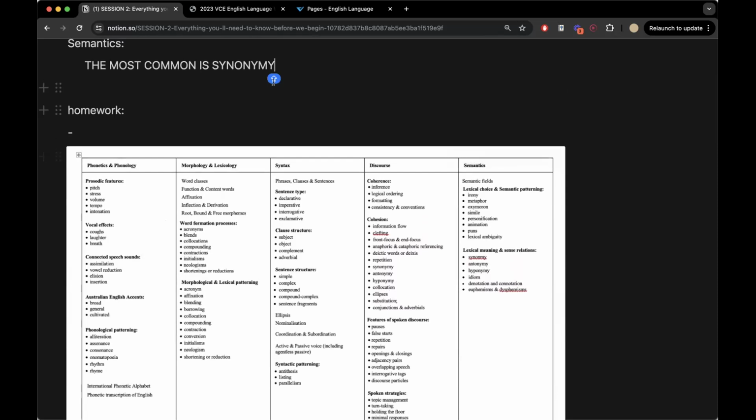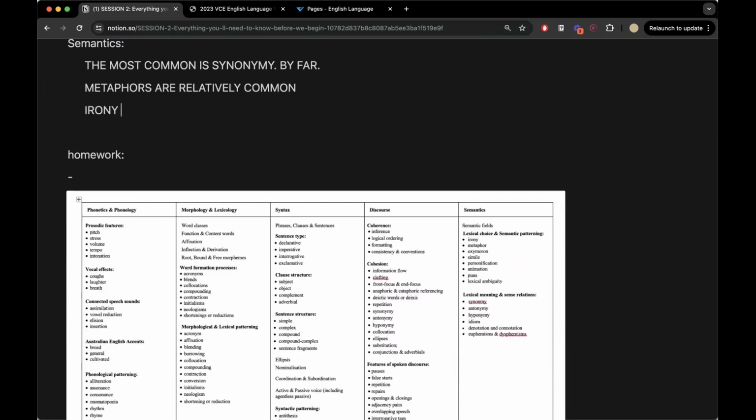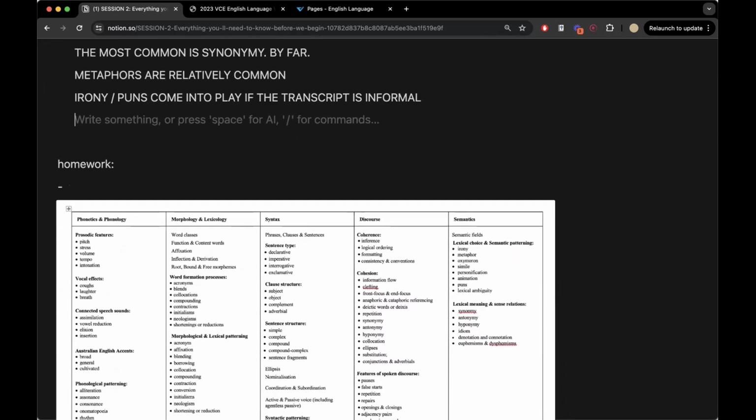The most common is synonymy by far, right? Now, metaphors are relatively common. Irony slash puns come into play if the transcript is informal. And the mode actually doesn't matter here specifically. Either way, it's perfectly fine.